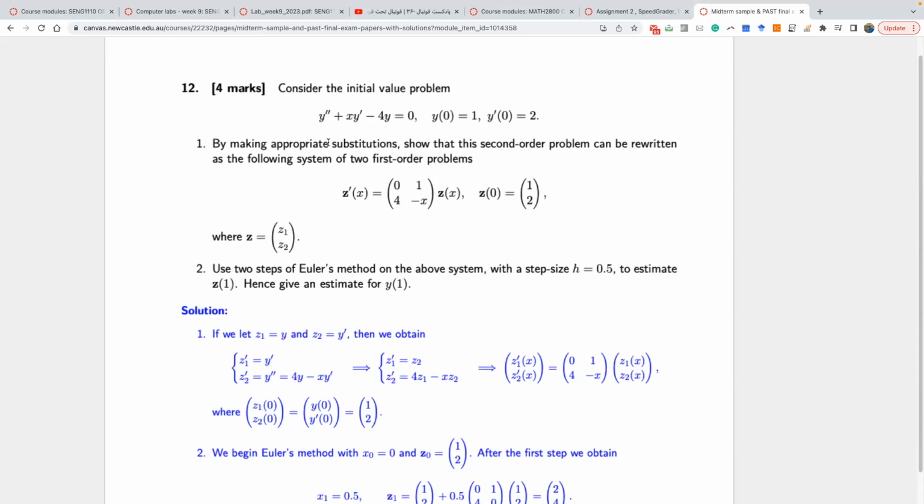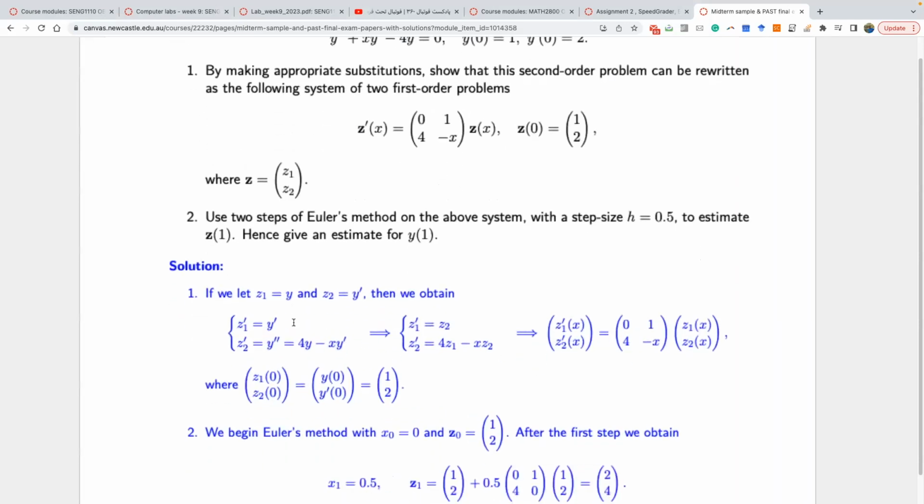So what is this? It is again an initial value problem. It's second order. We can convert this one to this matrix. How? Let's have a look at the solution. Z1 prime is y prime, Z2 prime is y double dash.